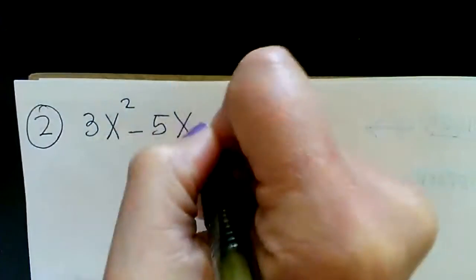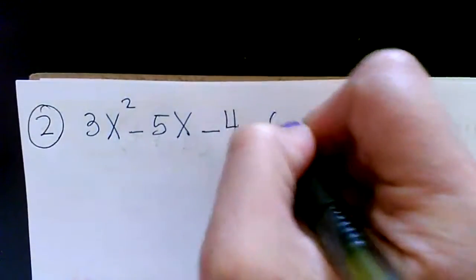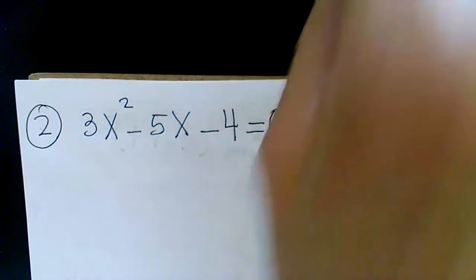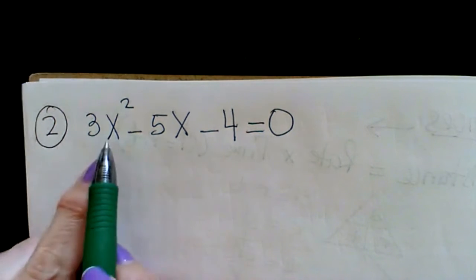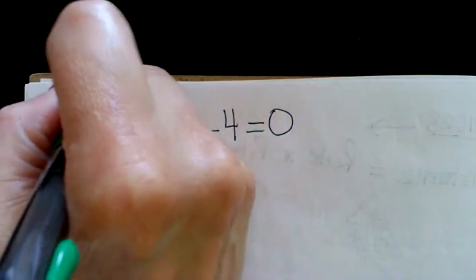Let's do more exercises. This one. We have 3x squared minus 5x minus 4 equals to 0. So, going back, we said that we must have the equation in which form?